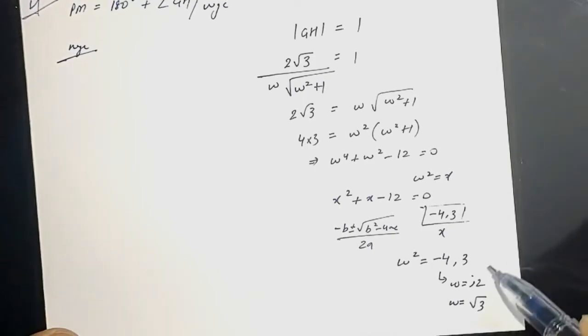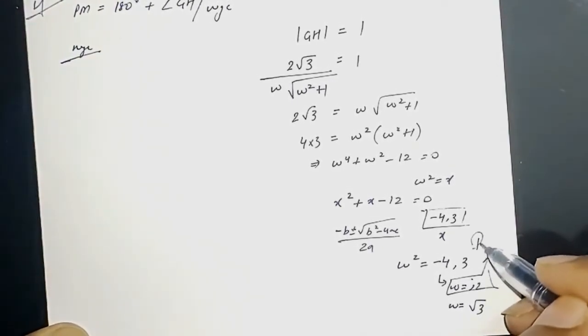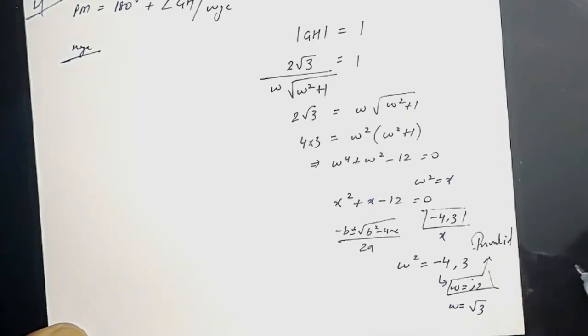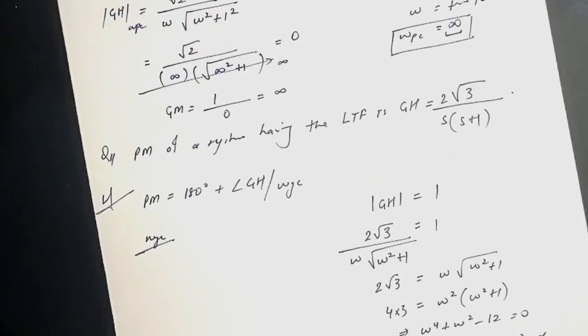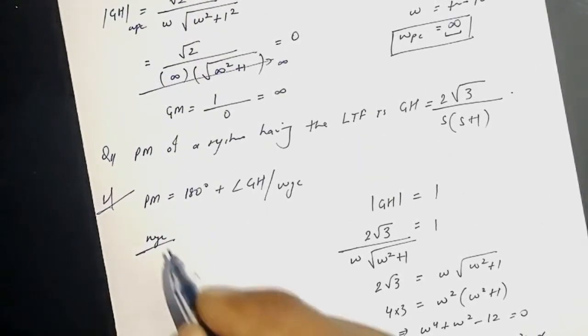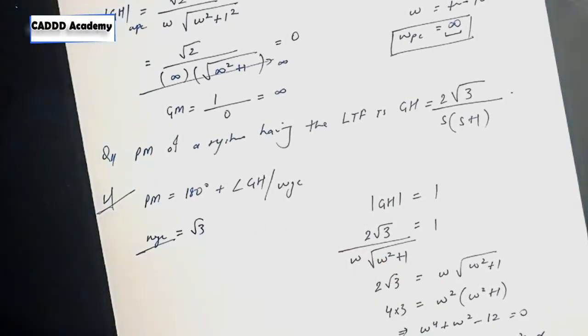So imaginary roots are invalid, and this one is the valid one. So now we have got the value of omega gc, that is equal to root 3.